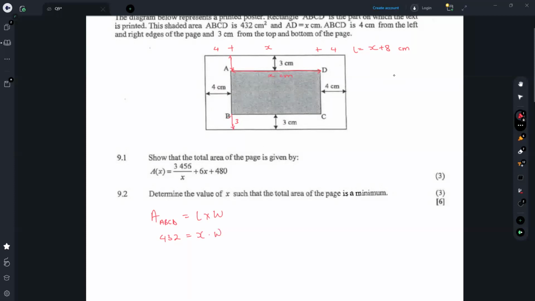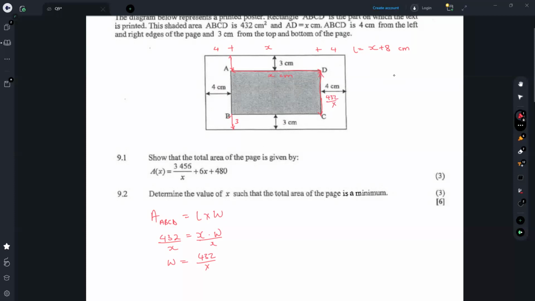So let's divide both sides by X, and you get that the width is equal to 432 over X. So it means that this right here, DC, will be 432 over X, like that.